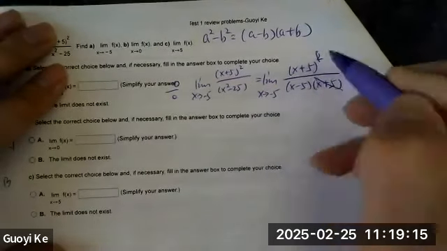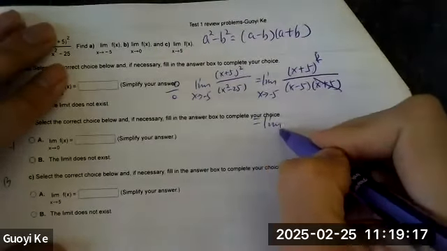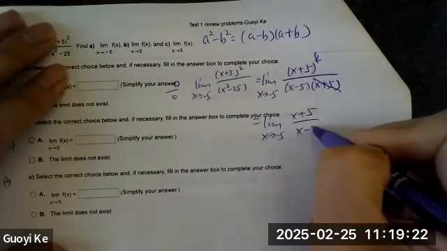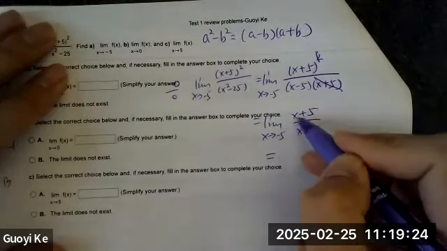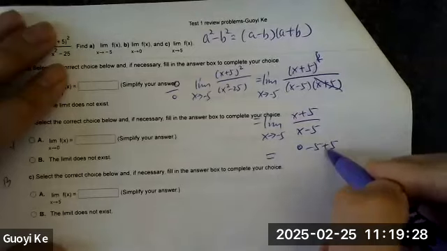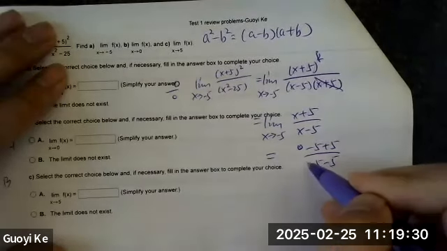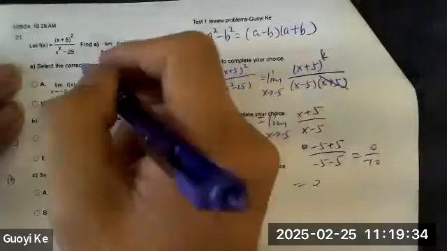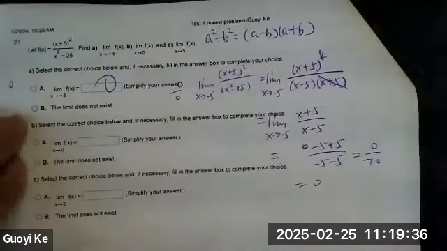We cancel out one factor here. Okay, then you can plug in. Here should be negative 5. Negative 5 gives 0 over negative 10, which is 0. So the answer for this one should be 0.